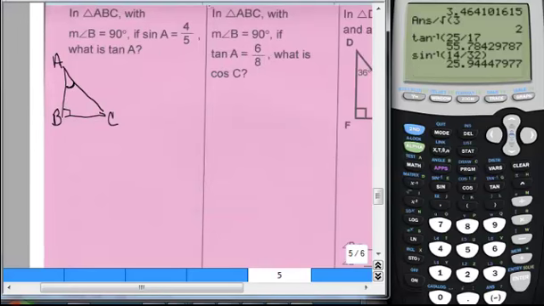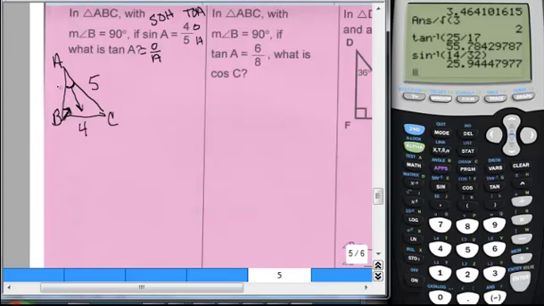And sine is opposite over hypotenuse. So opposite of here is where our 4 would go, and our hypotenuse is 5. And it wants to know the tangent of A. And remember, tangent is opposite over adjacent. So we need opposite and adjacent, and we do not have our adjacent.